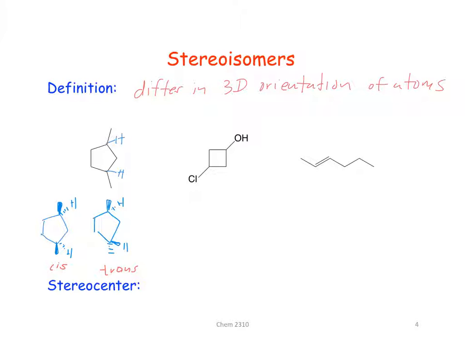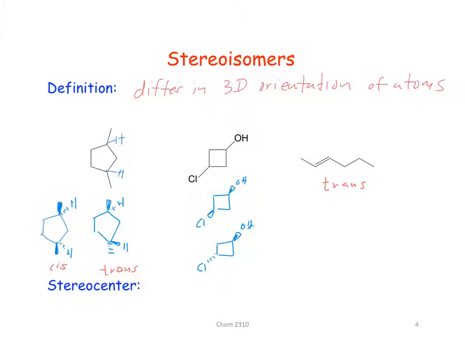Okay? Alright, so this middle one, we could have the same things, right? We could have the OH going up and the chlorine going up, or we could have the OH up and the chlorine back. So those would be stereoisomers as well. And for this next compound, we have this one, which could be called trans.